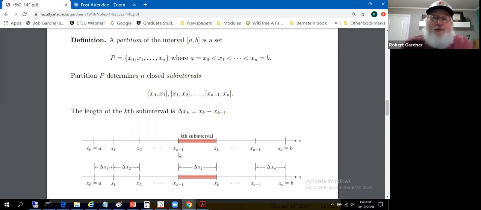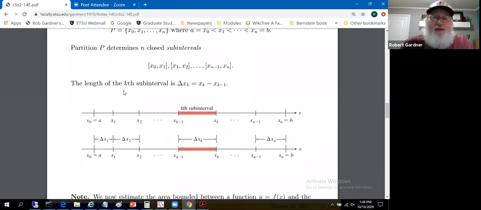It'll be the one that has left endpoint x sub k minus 1 and right hand endpoint x sub k. Notice the first one has x sub 1 as its right hand endpoint. The second subinterval has x sub 2 as its right hand endpoint. So the kth subinterval has x sub k as its right hand endpoint. And the last one, the nth one, has x sub n as its right hand endpoint.